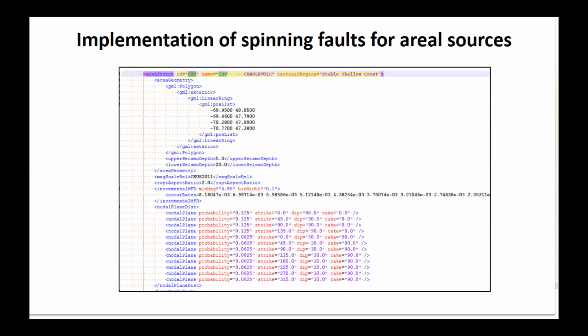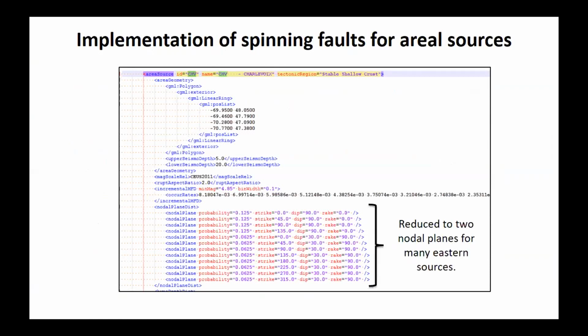And so we simulate for our sources a bunch of different spinning sources. For example, this is the Charlevoix source, and you can see all the different ruptures we were considering in that Charlevoix source, effectively a spinning rupture. It could be in any given orientation. However, for a lot of sources, we've just reduced this to a handful, to 2 or 3, because it doesn't have a terribly huge impact on hazard at the building code probability level.